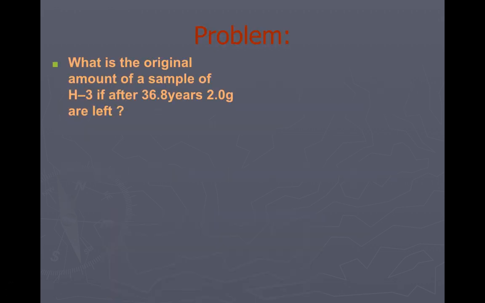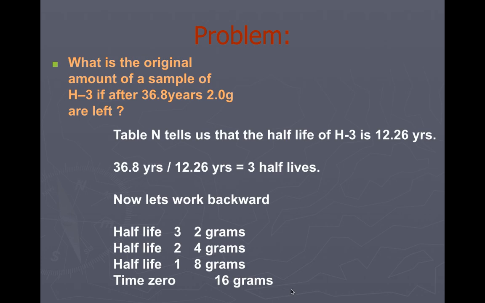Okay, try a problem. What is the original amount of a sample after 36.8 years if 2 grams are left? Well, if you look up hydrogen-3, you can find that the half-life is 12.26 years. So to find out how many half-lives have gone by, I can take the total time, divide it by the half-life, and I get that 3 half-lives will go by.